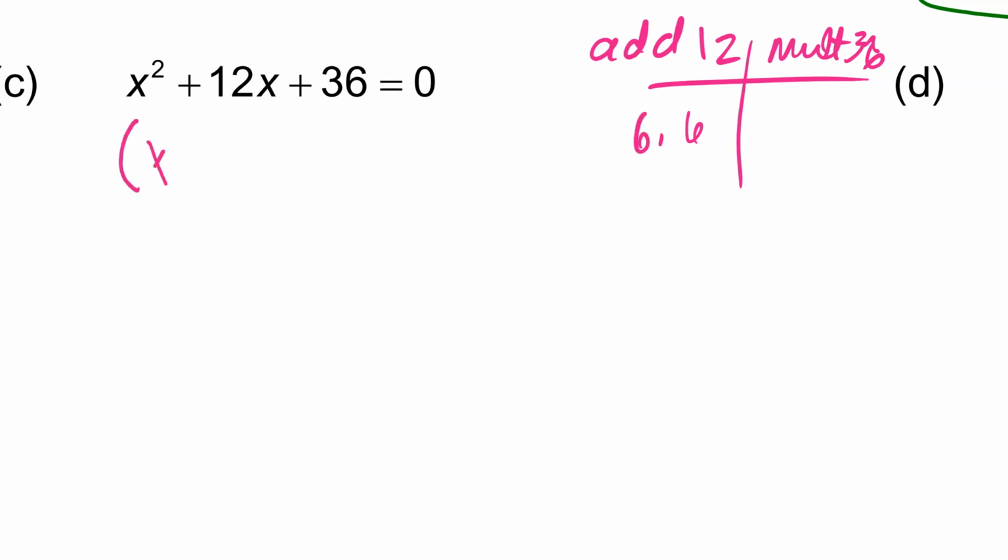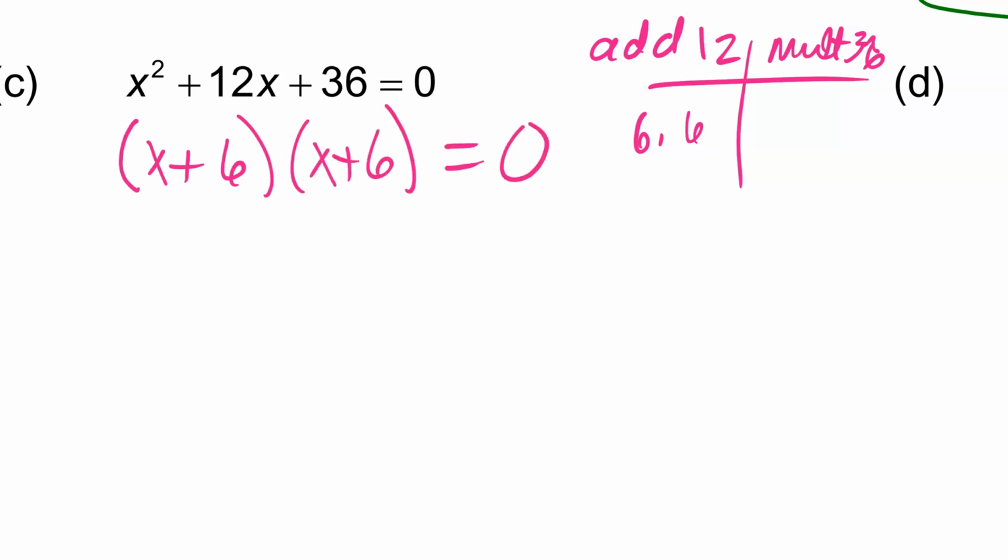So this means I have x plus 6 and x plus 6 equals 0. We could also do the 12 parentheses x squared plus x plus 3.